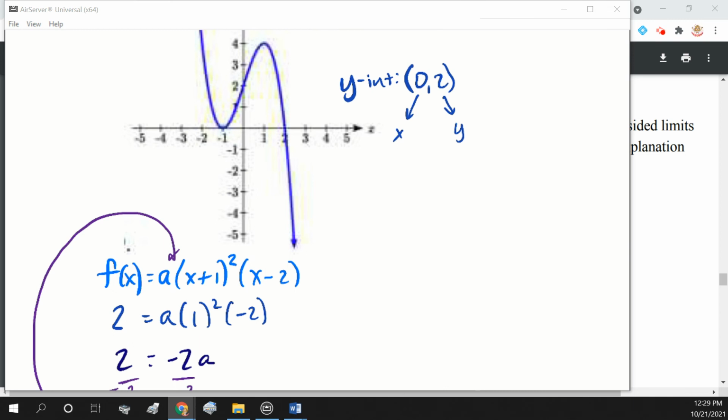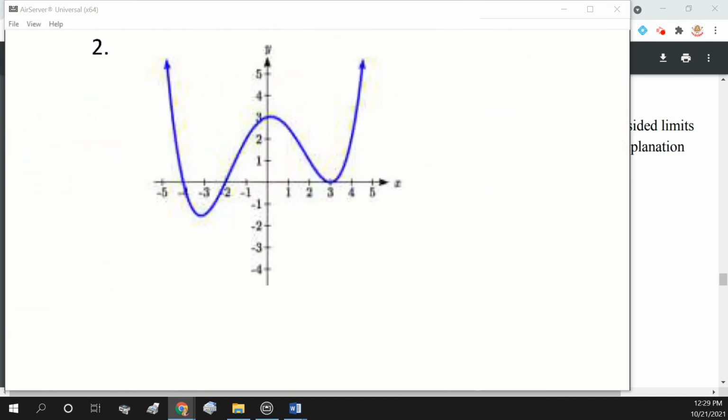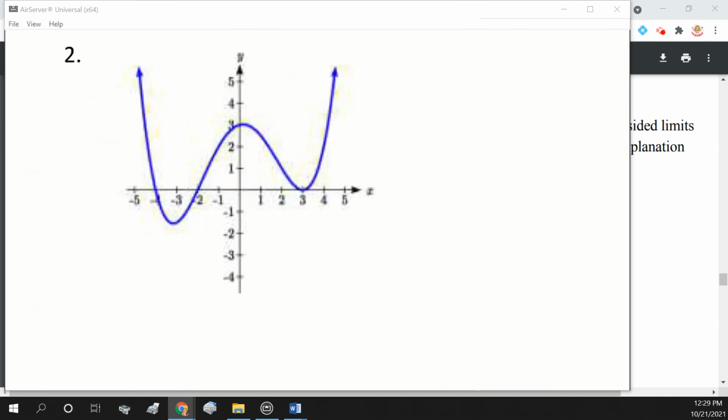Now we're going to do a couple more just in case you need them. So on this next one, same thing. We're going to start off with f of x equals a. And then we're going to do a factor for each 0. So y'all try that on your own. Do a factor for each 0.